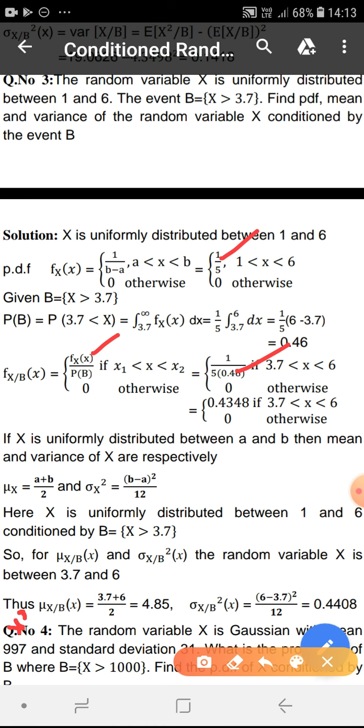Here x is uniformly distributed between 1 and 6, but conditioned by B, which says x should be greater than 3.7. So x is uniformly distributed and conditioned by B means x should be greater than 3.7 and less than 6.